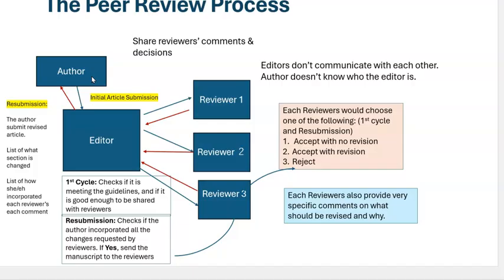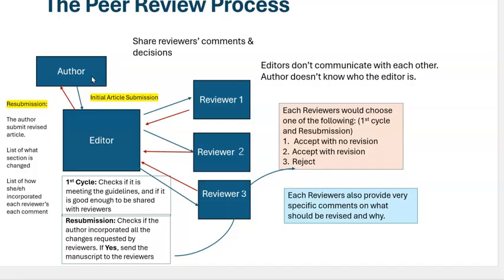If it is accepted with further revision, the author has to go through the same process until the author receives approval from all three reviewers. So that is the process, and it is a very rigorous and distant process.